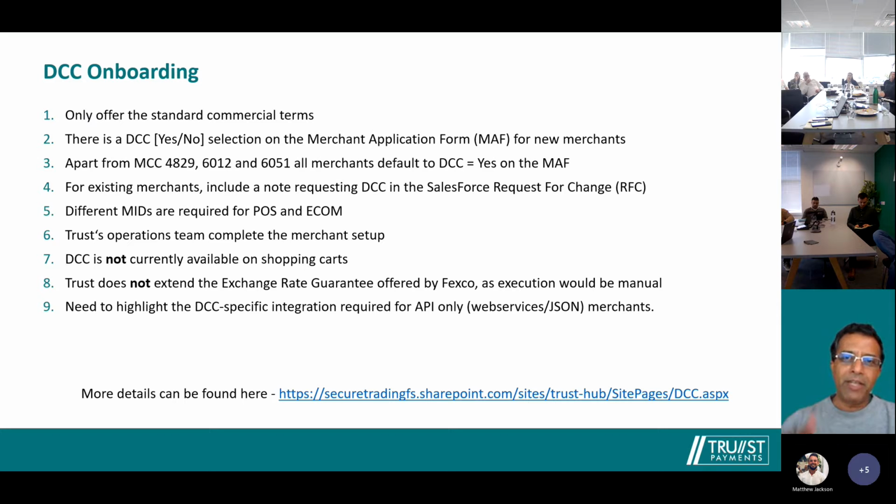They might have ticked it on the merchant application form, but then they probably have a contractor who does the implementation of the API to our gateway, and the message doesn't get to their contractor that they need to build for DCC as well. So in reality, if they don't build it, it never gets triggered, right? Their payment pages will work, it's just the DCC will never get triggered. So it's just something to note when you're working with a merchant who's doing a direct integration.